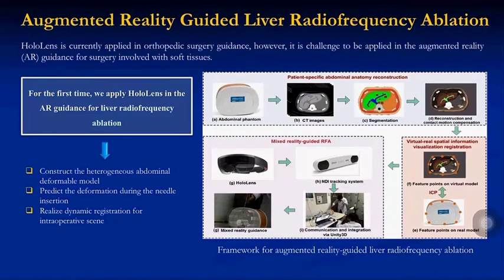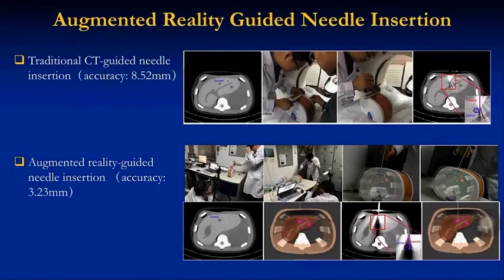So that includes this specific abdominal anatomy reconstruction, the setting up of this mixed reality guided radiofrequency operation setup, and also providing visual spatial information as well as the restoration in intraoperative environments.